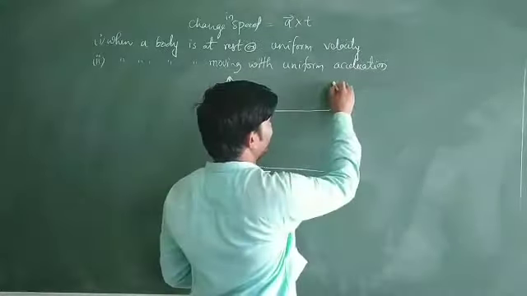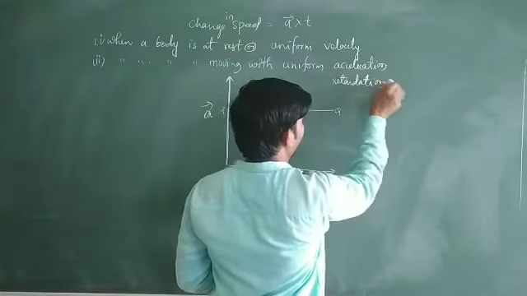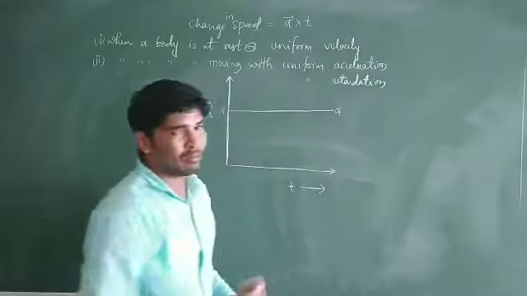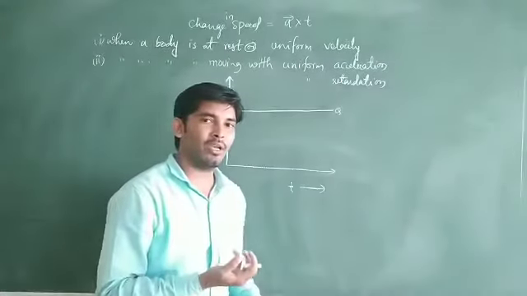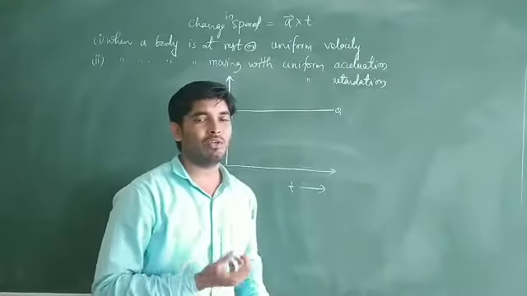The third case is when a body is moving with uniform retardation. Uniform retardation means the velocity of a body decreases equally in equal intervals of time.